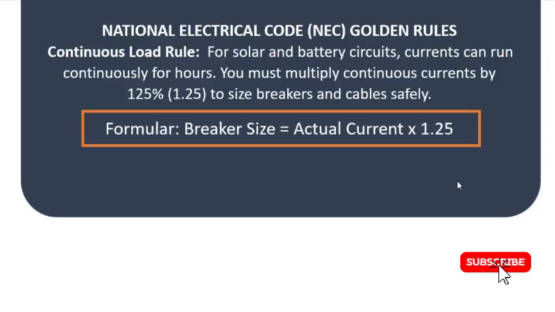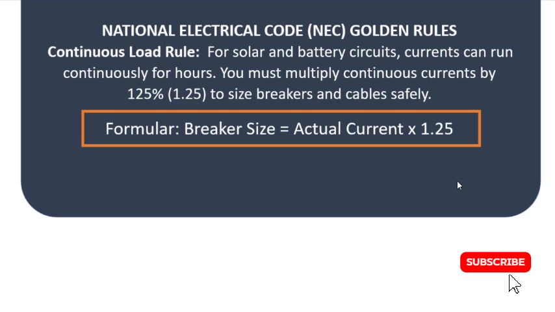Now let's discuss the NEC rule for breaker sizing. According to the NEC recommendations for continuous loads like a solar system, breakers are usually sized at 125% of their expected capacity or their expected continuous current.